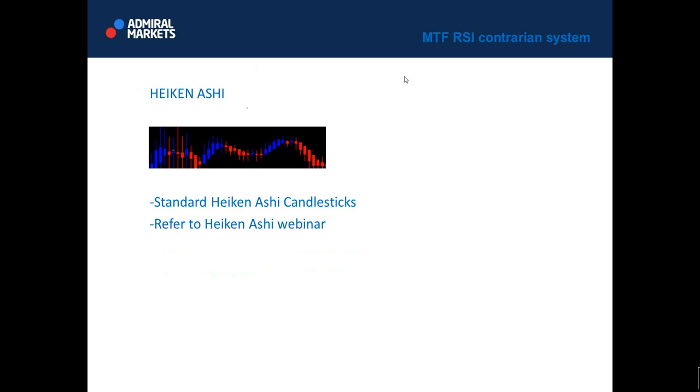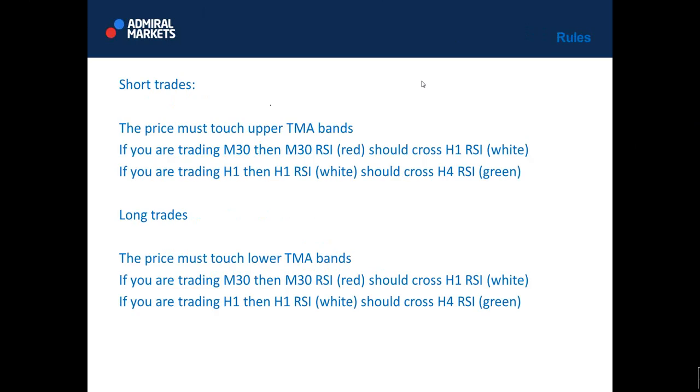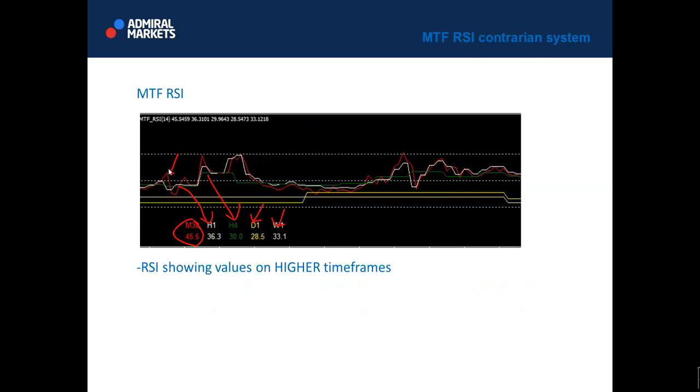And now, what are the rules for trading the system? I will show you the real-time chart later also. For short trades, the price must touch the upper TMA bands. If you're trading M30, then the M30 RSI should cross the 1 hour RSI, which is white.